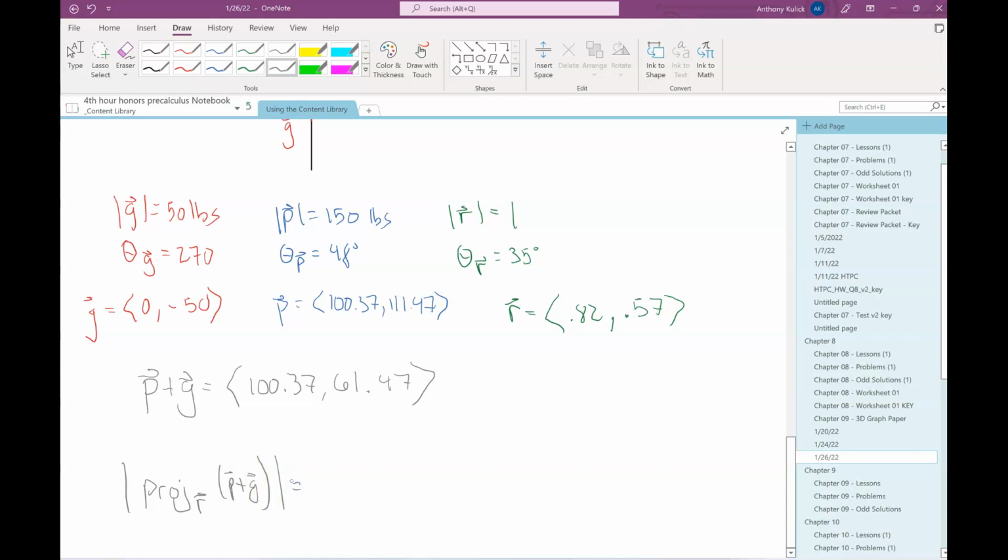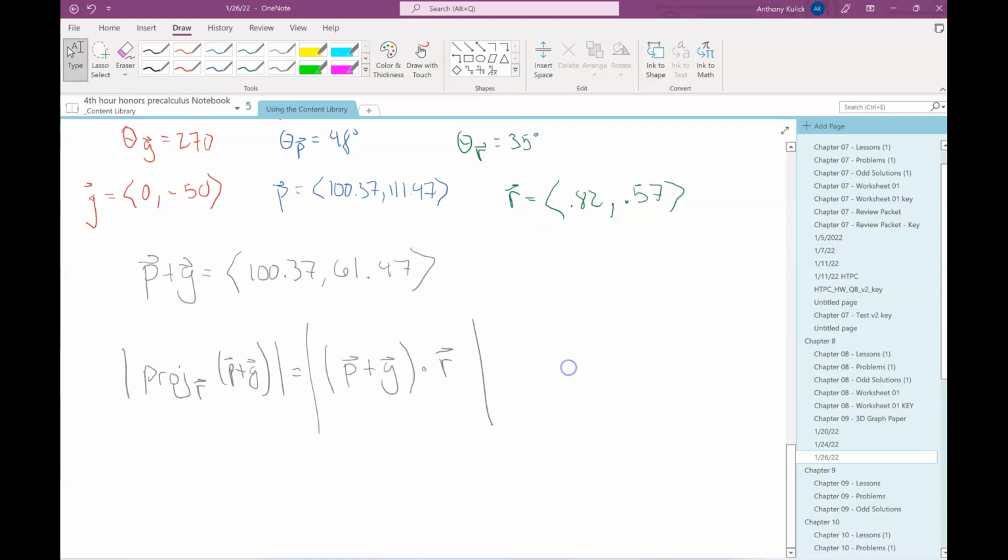onto R. Now this actually turns out to be easy again because R is a unit vector. I can just do it as a dot product, or the absolute value of a dot product, but I don't really need the absolute value since all the components are positive here. So what do I get? I get 100.37 times 0.82 plus 61.47 times 0.57.